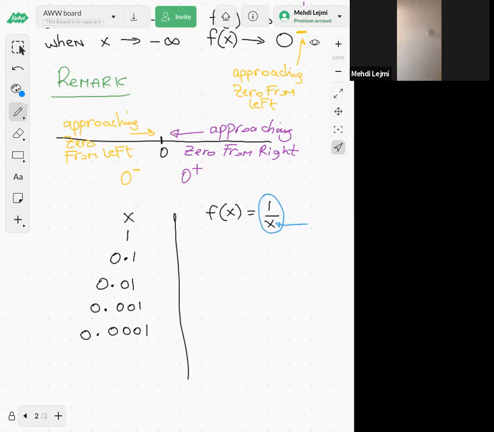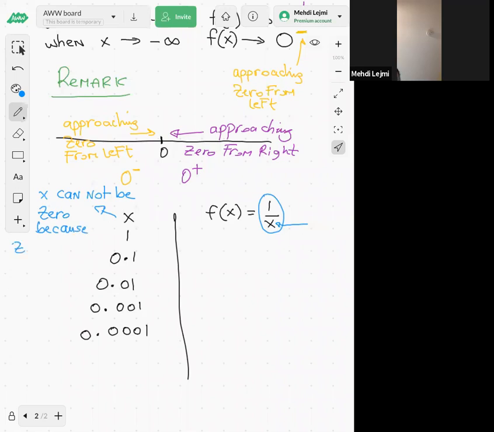We have to exclude 0 from the domain. This is really important. x cannot be 0 because 0 is not in the domain.